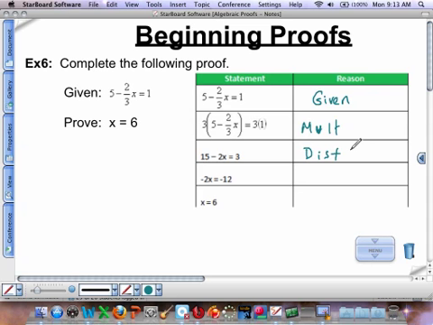Okay, Justin, what about the next one? Subtraction. That's the subtraction property. Guys, by the way, with subtraction, make sure you abbreviate it SUBT, because sometimes that might get confused with substitution. If you're going to abbreviate, make sure to abbreviate for subtraction, not just SUB.